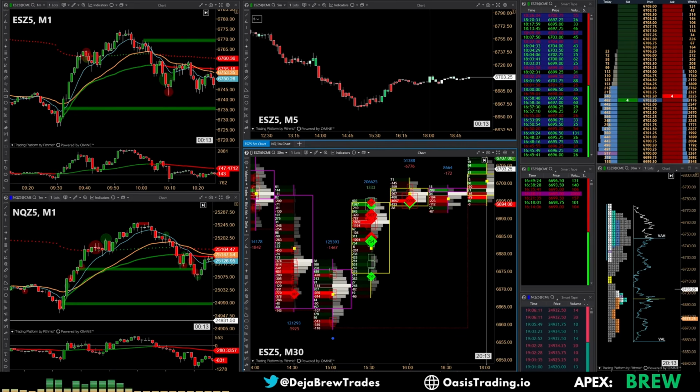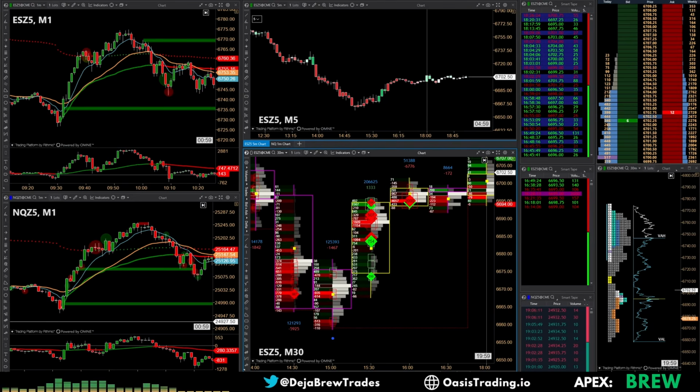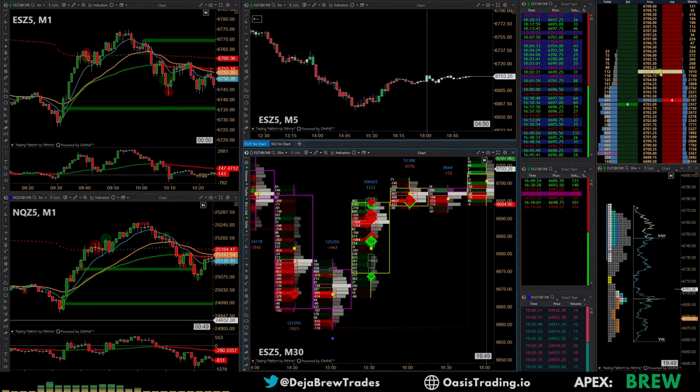That is level 1, the closest bid to our current price and the closest offer to our current price. So right now, the level 1 would be 2.75 and 3.0. Everything below that bid is the level 2. Everything above that offer is the level 2 for the sell side.